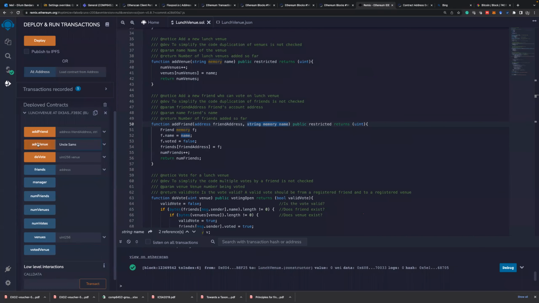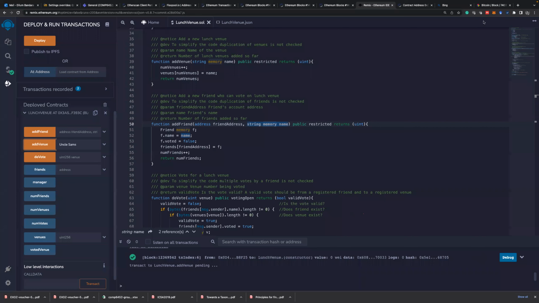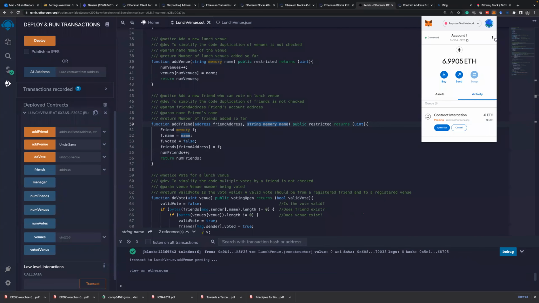I will add a venue and I need to sign this transaction again. And I'm going to sign this. You don't see this behind the scenes, but I'm actually using my private key. If you really look at this one, this is my address, and this is generated based on my public key.